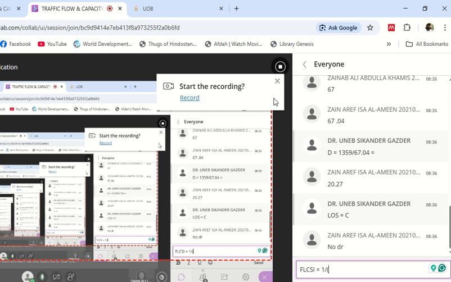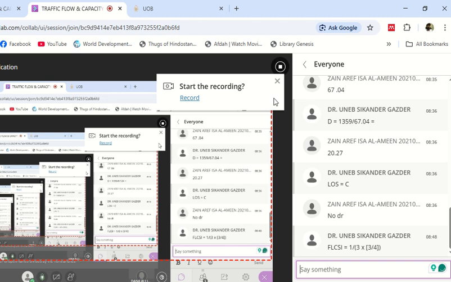I have 3 open lanes now. And the openness ratio is the number of open lanes divided by the normal lanes. So how much is that?